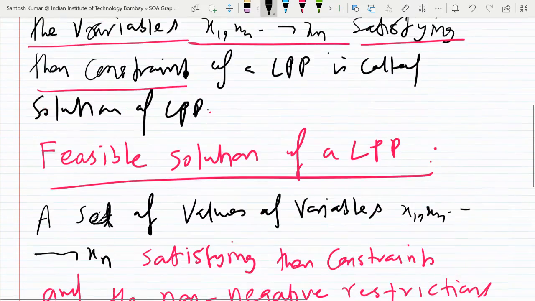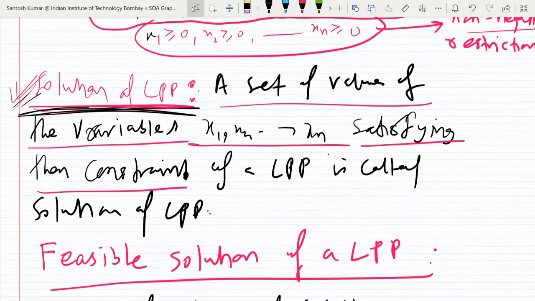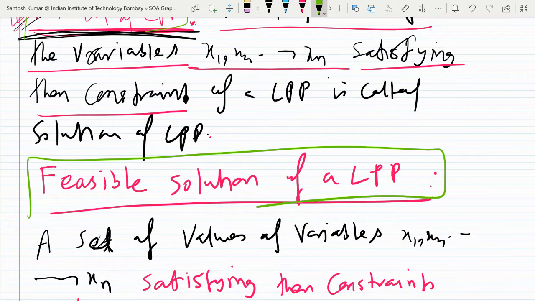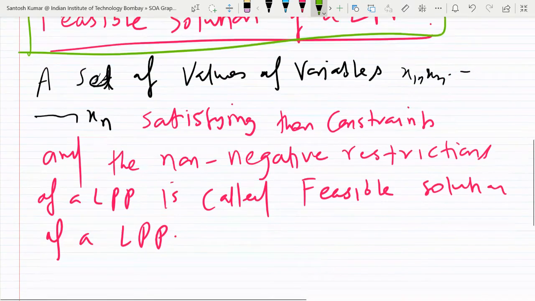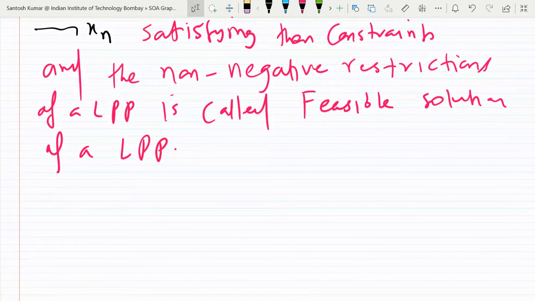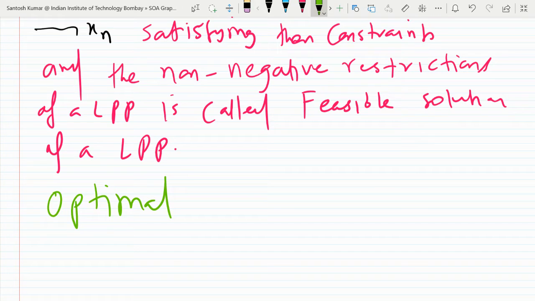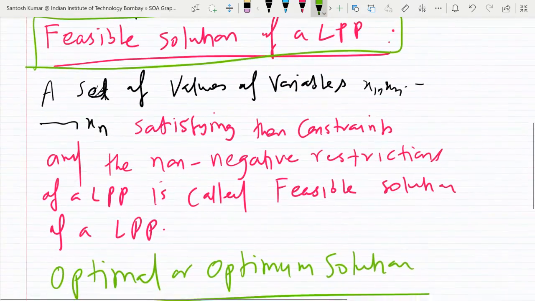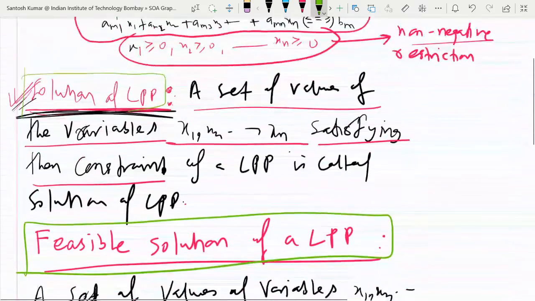Okay. The first word I discussed was the solution of an LPP. The second was the feasible solution. Next comes the optimal solution, or sometimes you may name it optimum. If you have any doubt, you can ask.